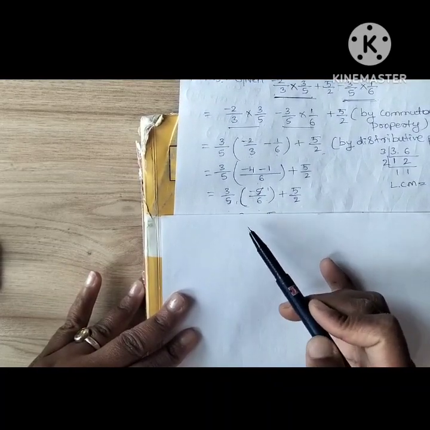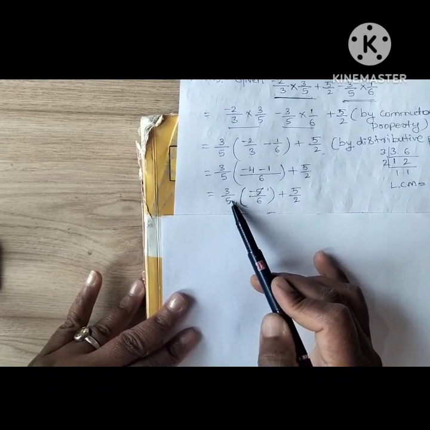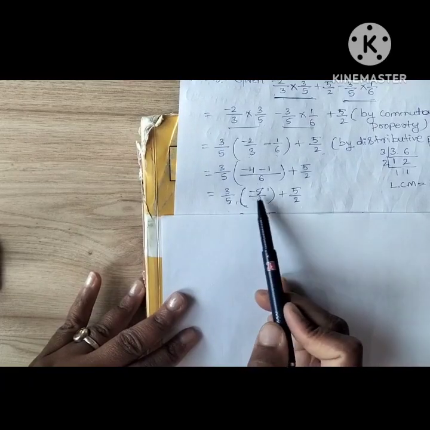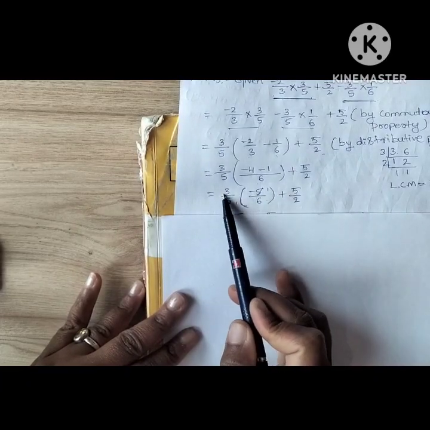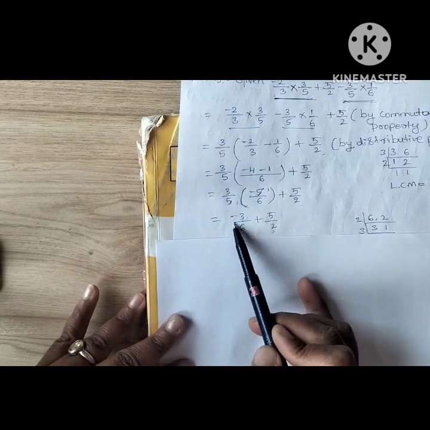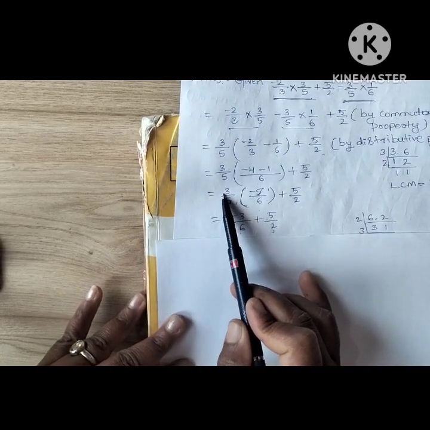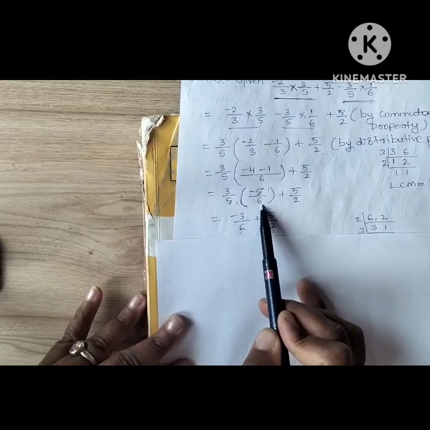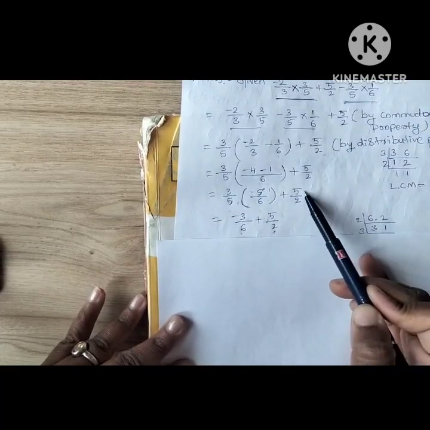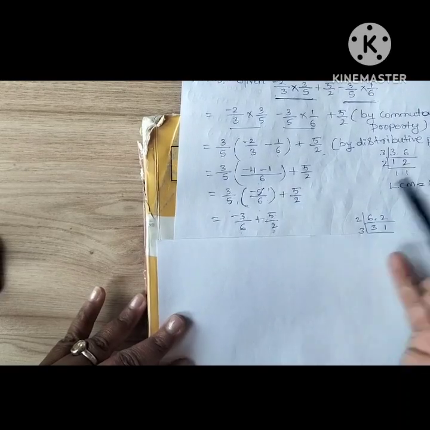With that we should understand. Here I am going to cancel it directly. 5 ones are 5, 5 ones are 5. Remaining minus 1 into 3, 3 into 1, 3. Minus write as it is. Remaining in the numerator minus 3 left over. Next in the denominator 6 ones are 6 left over. Plus write as it is. Next again 5 by 2 write as it is.